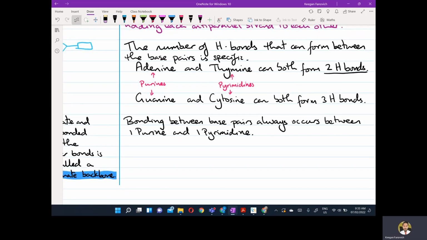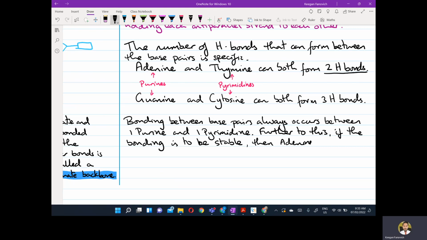Further to this, if the bonding is to be stable, then adenine must bond to thymine, and guanine must bond to cytosine.